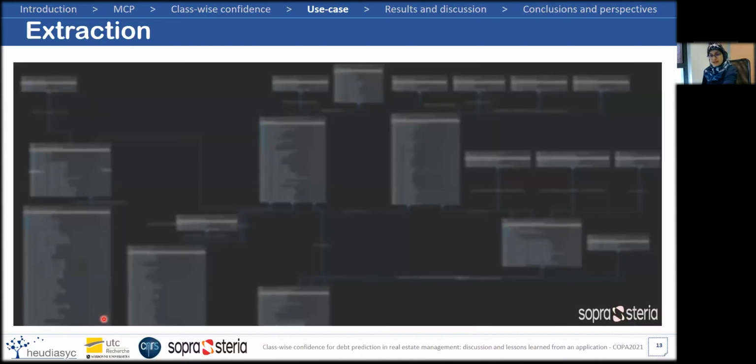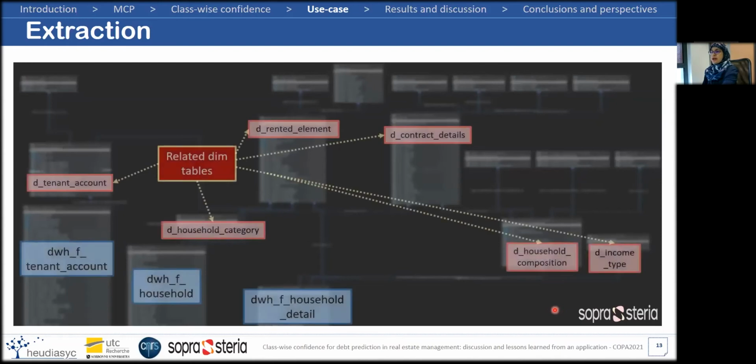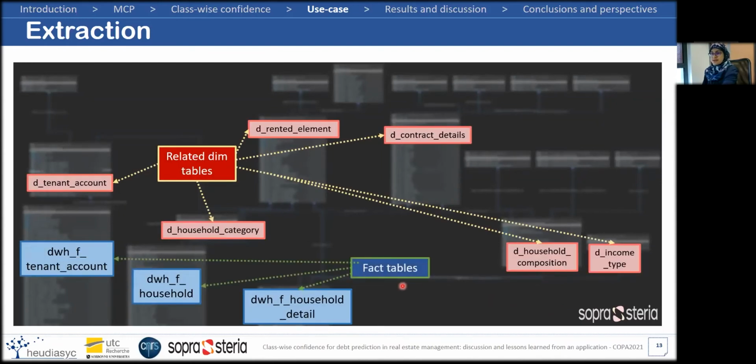For the extraction, as I said, we have the data warehouse provided by Soprasteria, where we have fact tables and dimension tables. The fact tables have more information about the tenant's account, some personal information, and the household and household details, with more information about people that live with them, or any other information about the household in general.